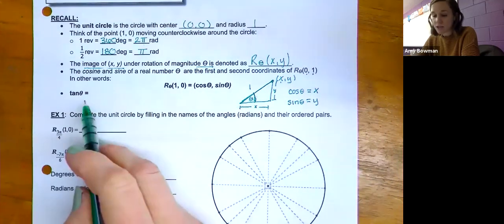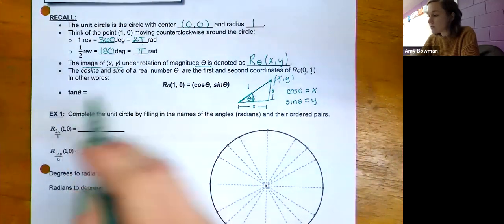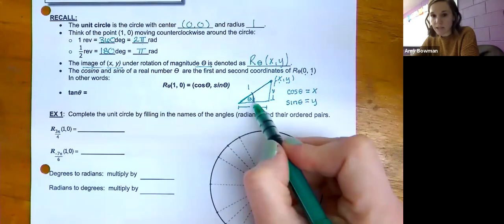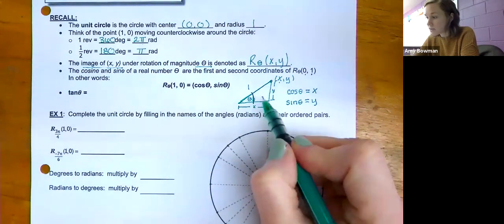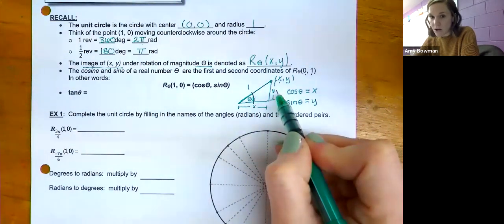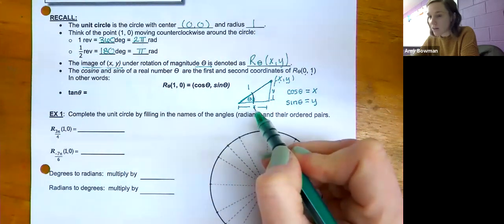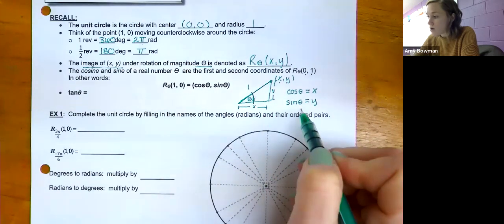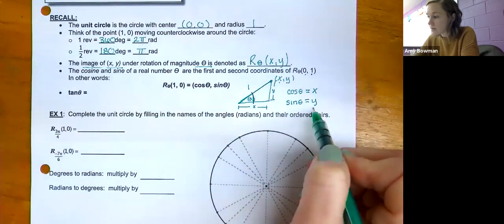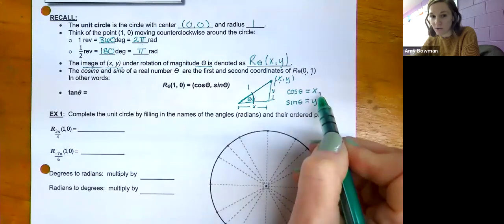And then tangent of theta, let's see what tangent of theta equals. Opposite over adjacent is tangent, right? So opposite y over adjacent x, y divided by x. Let's think about that in terms of sine and cosine. That would be y divided by x, that's sine over cosine.